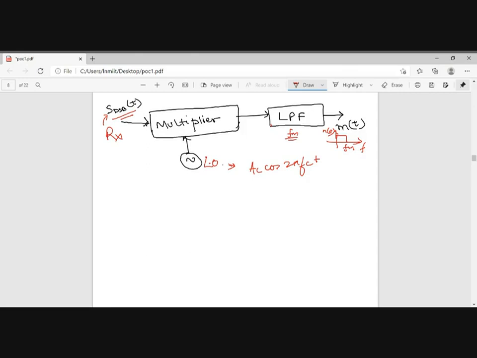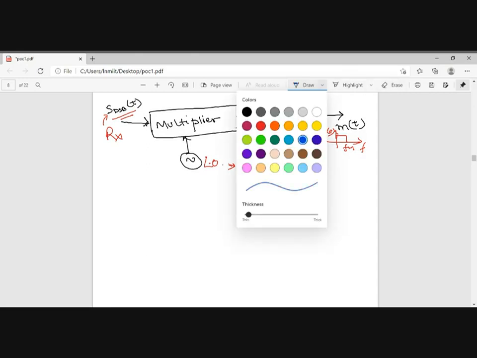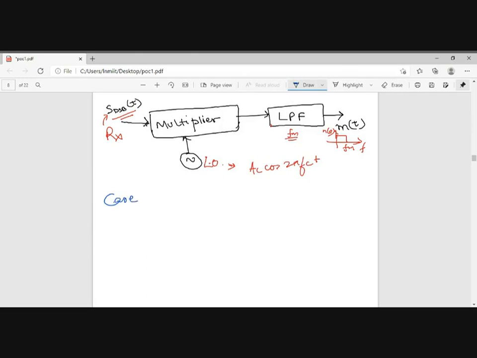Let's analyze this. We have done this multiple times, but we are doing it again. Case 1: no errors, perfectly coherent, the transmitting frequency and phase equal the receiving frequency and phase.